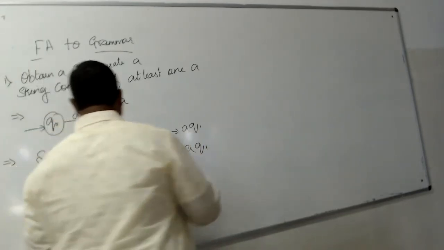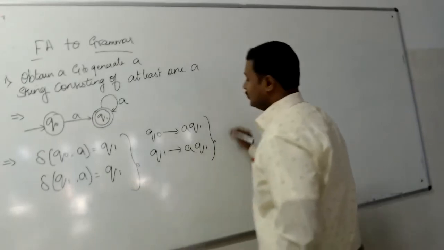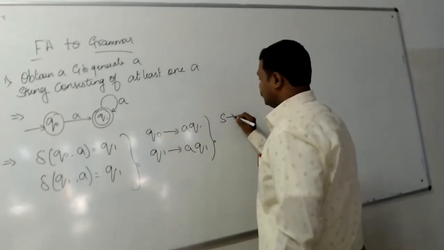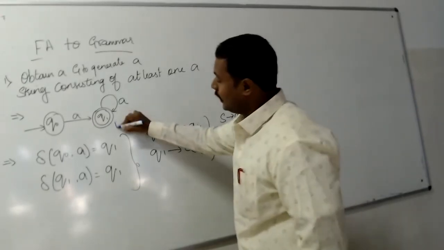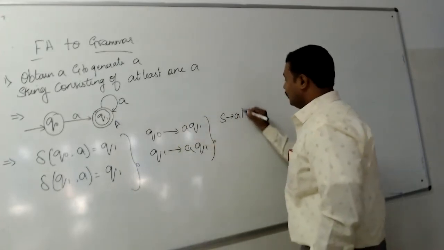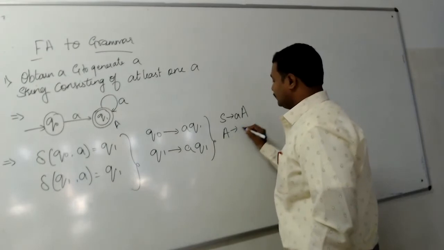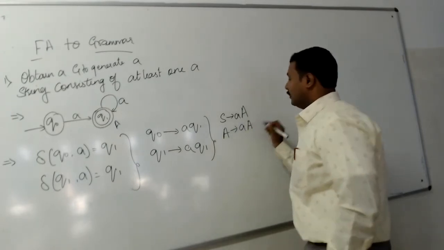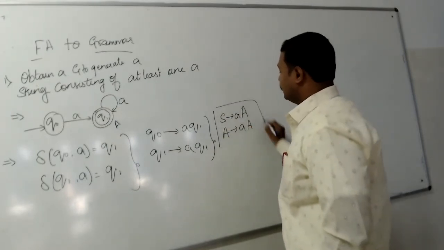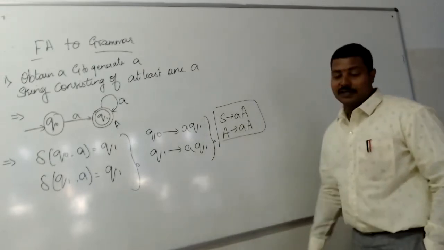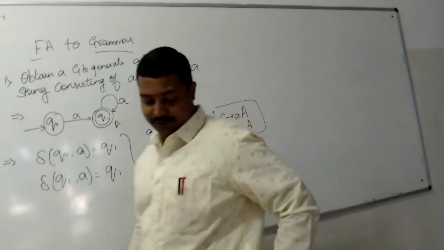Right? So I take q0 as S, so S tends to a, and q1 I take as variable capital A, so S tends to aA, and A tends to aA, and A tends to a. This is the required grammar.